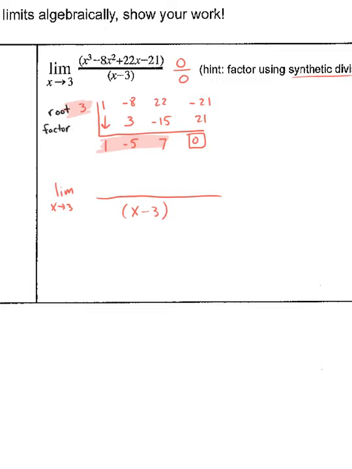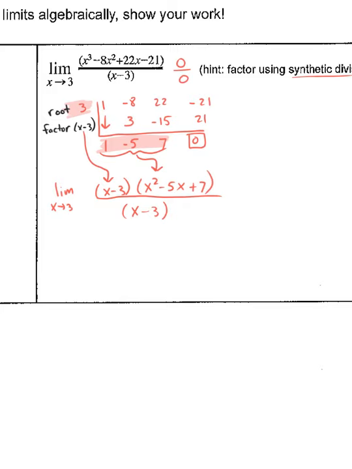Remember, the factor is right here. It is x minus 3. So that goes right here, x minus 3, and this right here comes down right here. And it's 1x squared minus 5x plus 7.